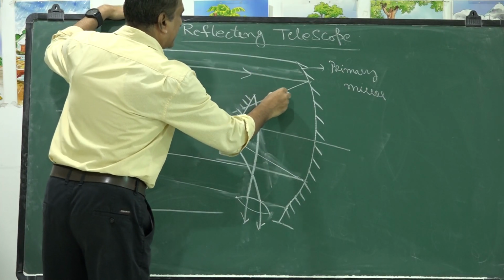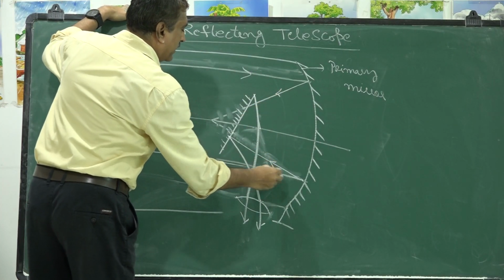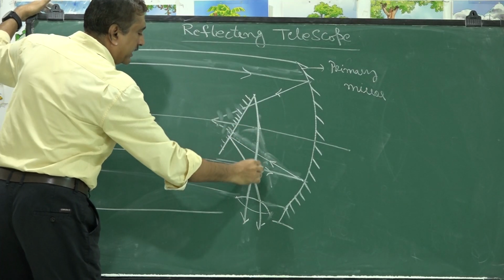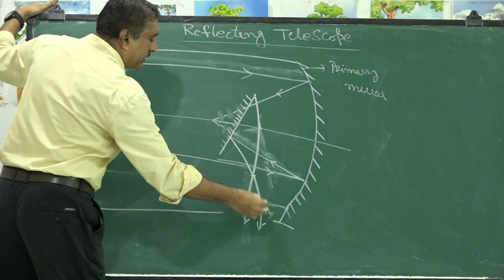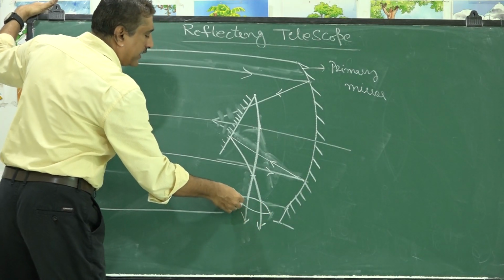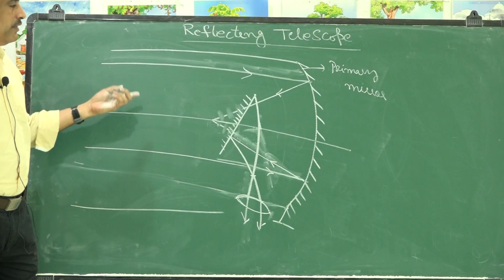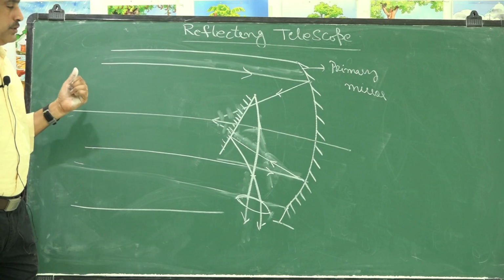Now these two light rays are allowed to be incident on this plane mirror, which gives an image at this point, and it is adjusted at the focus of the eyepiece. So this is the Newtonian reflecting type telescope.